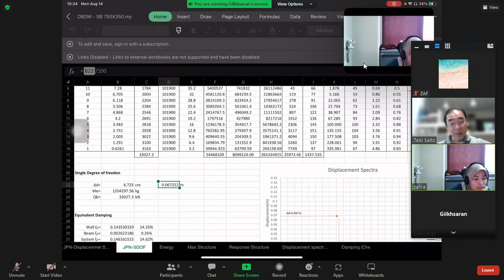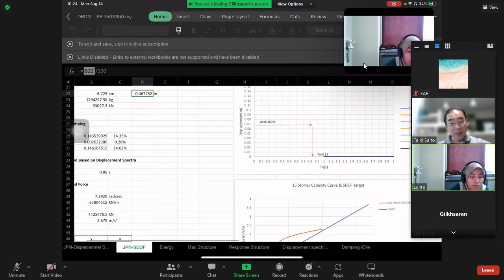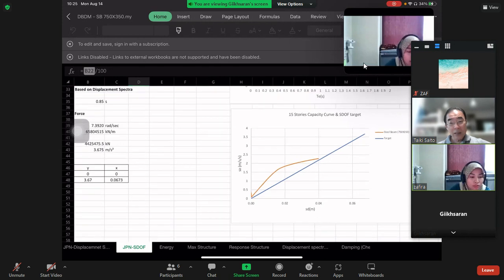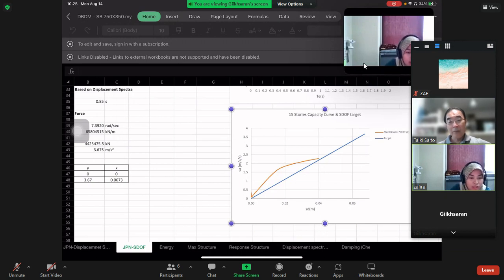So actually, Sarah-san, for your capacity curve, you should take from 1/100 because 1/250 is too short. If you use 1/100, the capacity curve will be longer. And if you can see here, the target line of the target design is over the capacity curve.